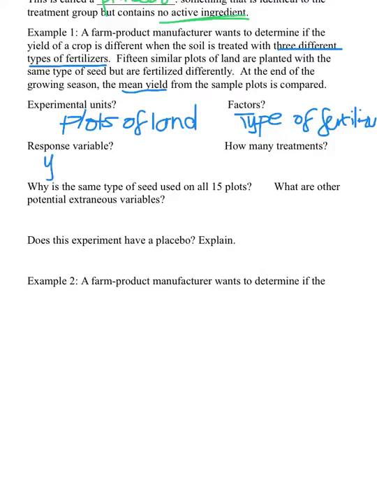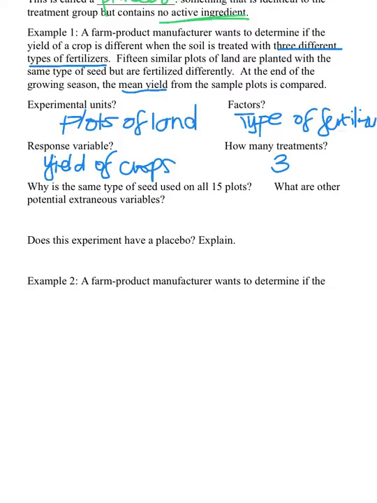So I'm going to say the yield of crops is my response variable. And how many treatments? Well, my explanatory variable is type of fertilizer, and I have 3 of those. So I'm going to have 3 treatments for the 3 different types of fertilizers.